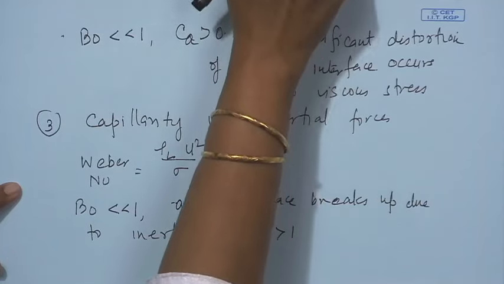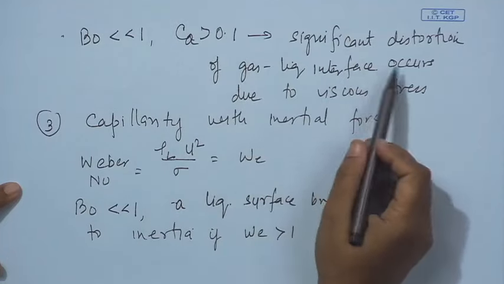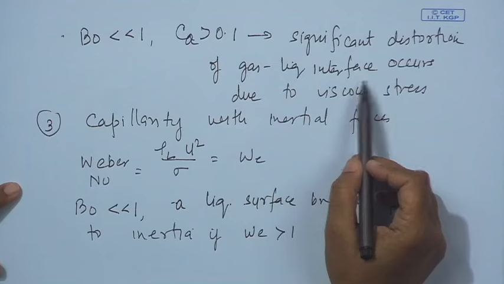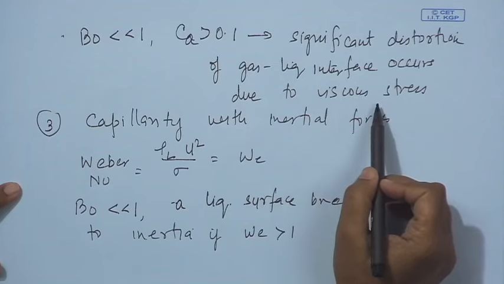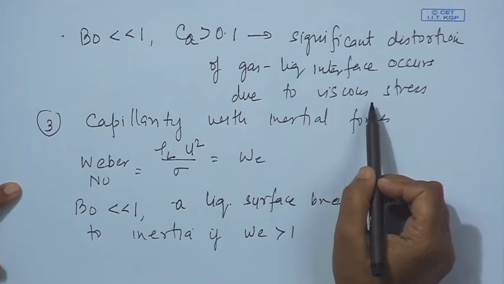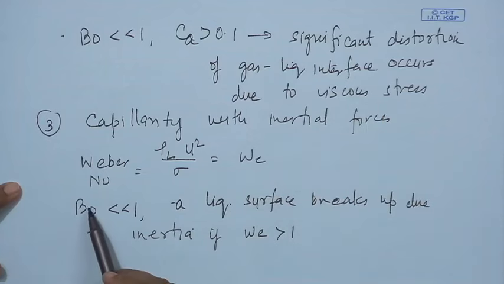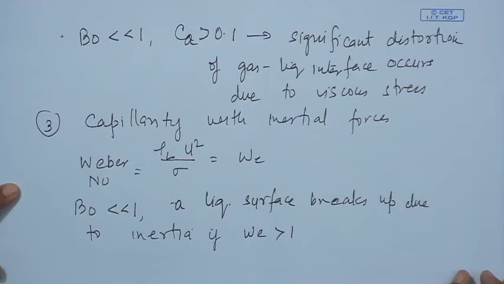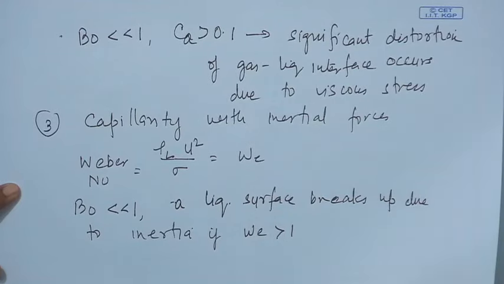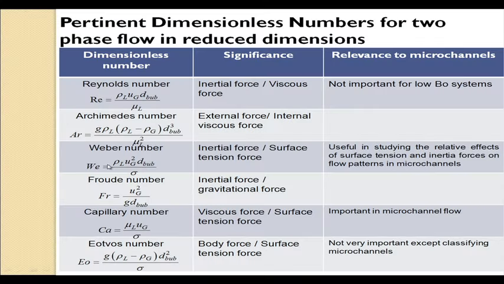While the capillary number showed us that significant distortion of the gas-liquid interface occurs due to viscous stresses, or in other words, a good amount of waviness sets in, the Weber number tells us that the liquid surface will break up due to inertia if Weber number is high. Well, so these were the important numbers. If you observe here, the Weber number, the capillary number and the Bond number are useful for microchannel flows.